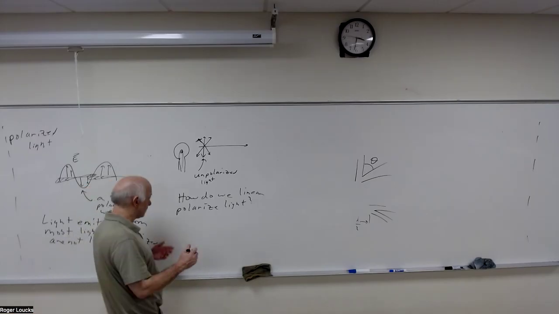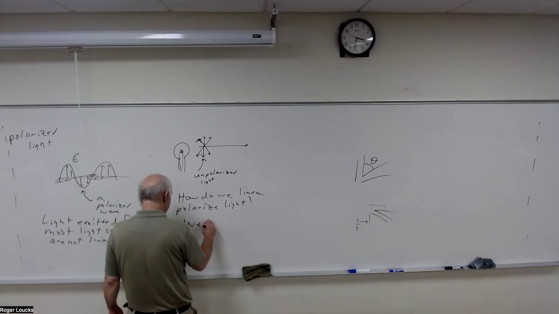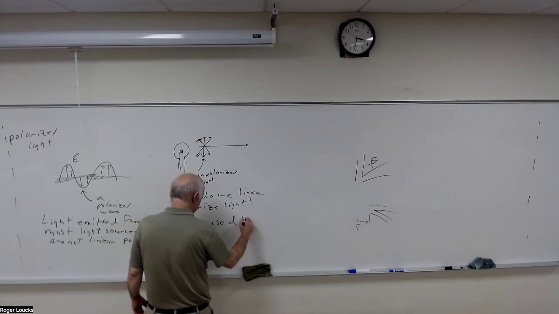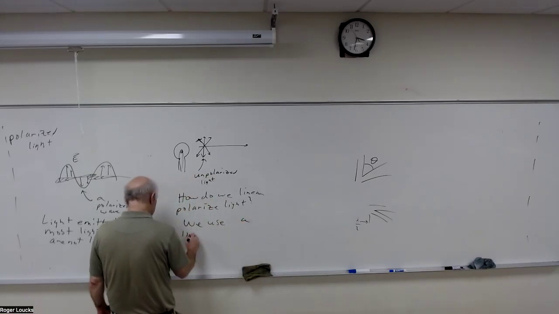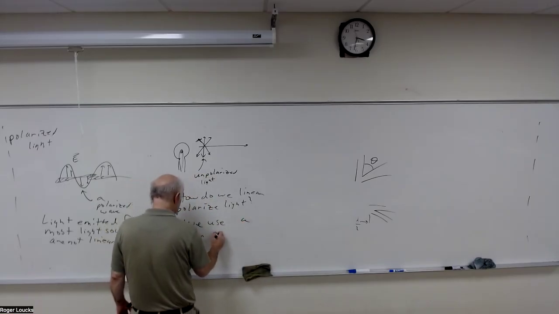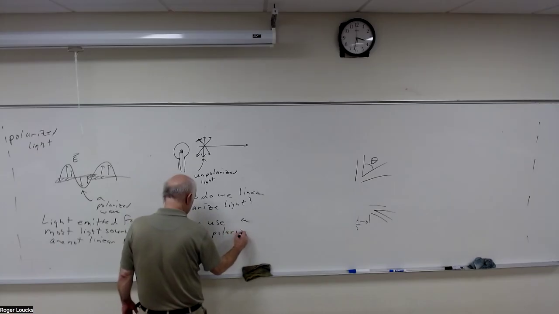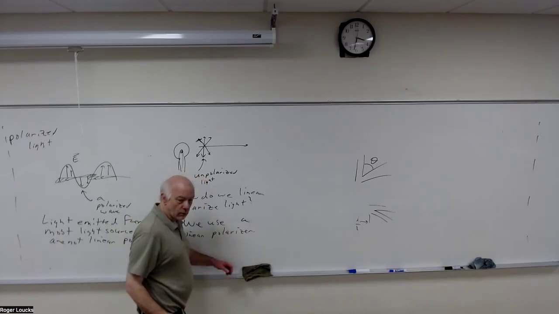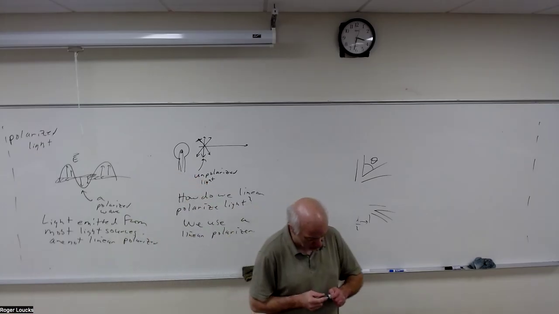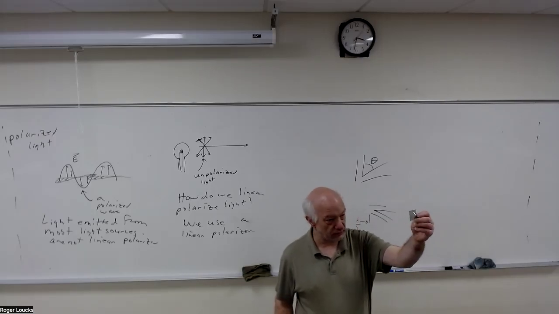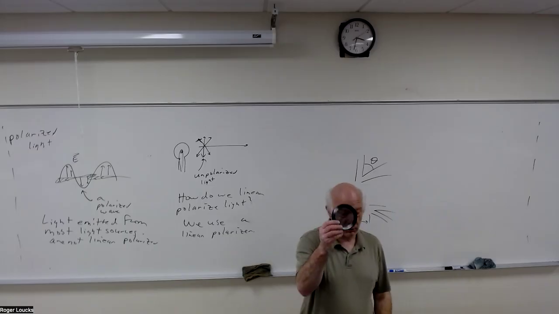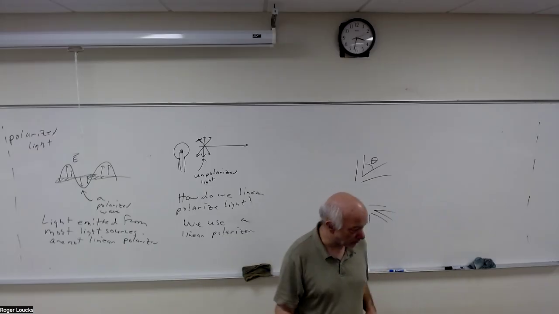Diabolically simplistic. I want to show you how one of these works. This is an example of a linear polarizer. I'll pass these around a little bit. These are linear polarizers. These are all linear polarizers.